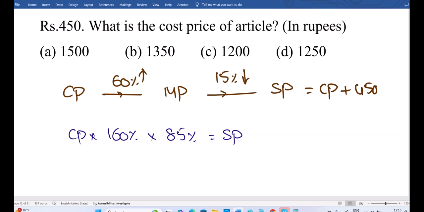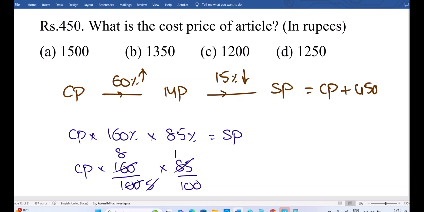Now 160% means we can write 160 divided by 100, which is 8 by 5. 85% means 85 divided by 100, which is 17 by 20. So selling price is 8 by 5 into 17 by 20, which is 136 by 100.